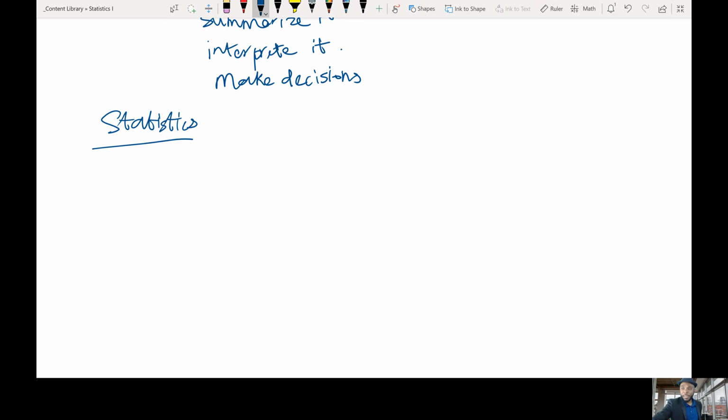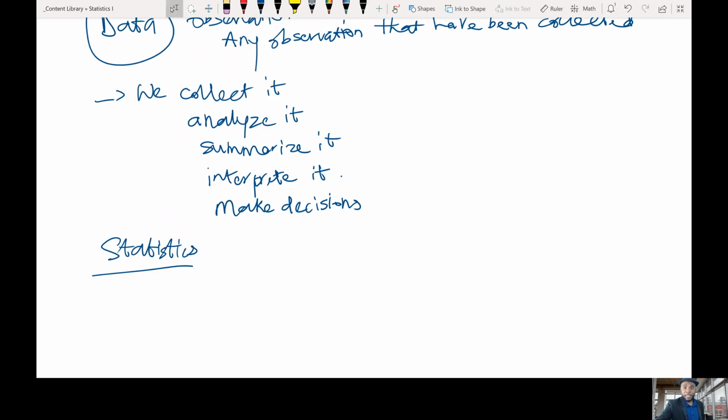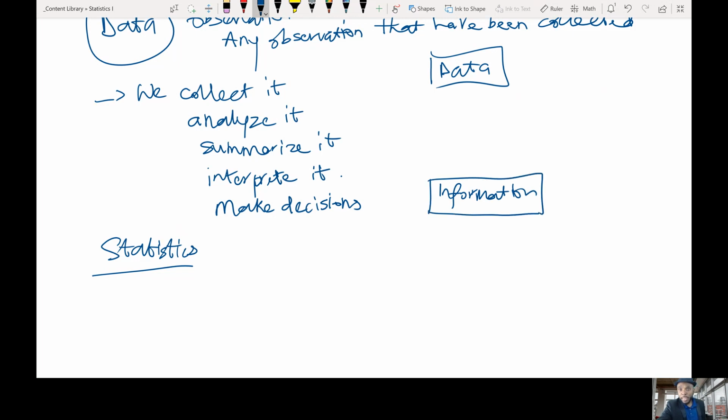And while you're thinking about it, let's look at what we just did here. We have data. And at the very end, we want to have information. And between our raw data and information, we need statistics to transform our data to meaningful information.